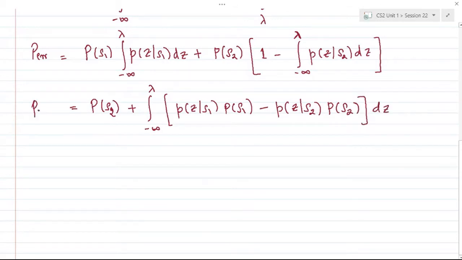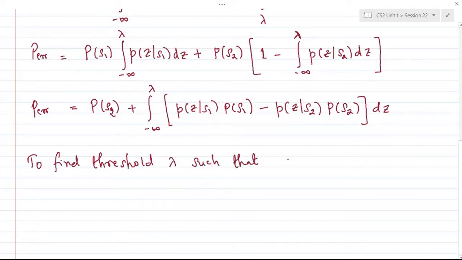Now our aim is to minimize the probability of error. So we need to find the threshold, this lambda, such that the error is minimal.